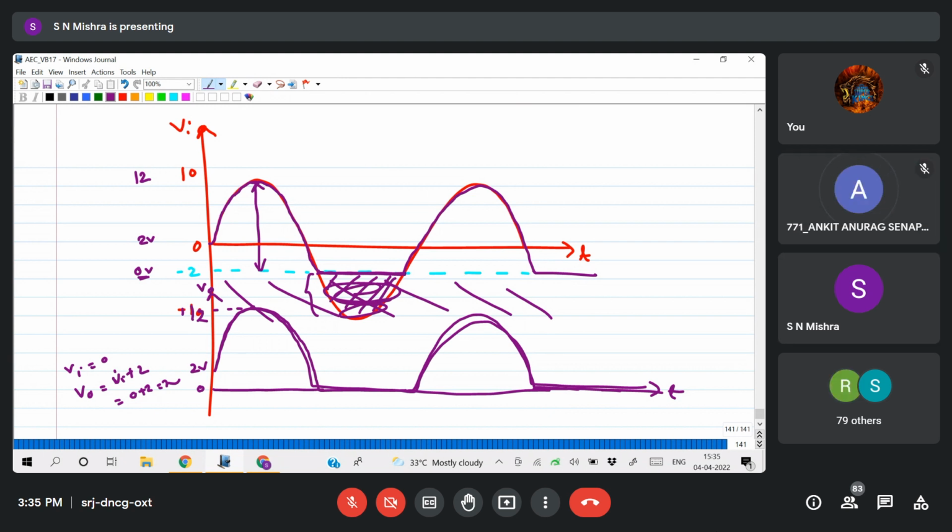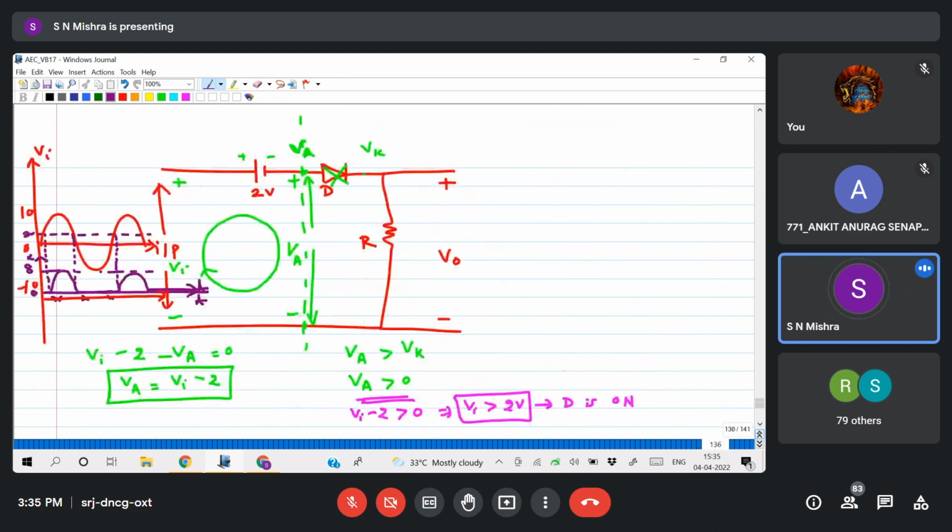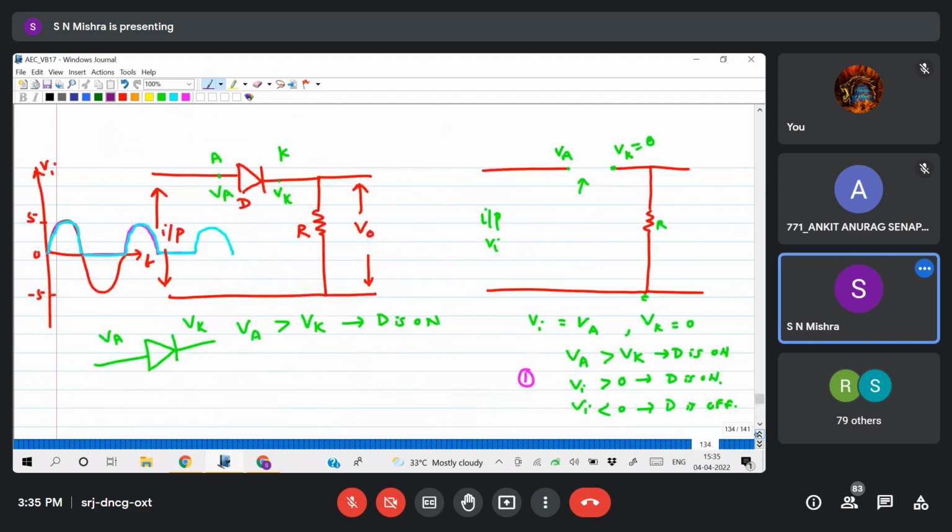Yes sir. Now if I take the same thing, the previous example, with a practical diode, suppose I take a silicon diode here. What is my condition? Instead of 0, it should be 0.7. Here also 0.7, more than 0.7, less than 0.7. To turn on the silicon diode, I require 0.7.